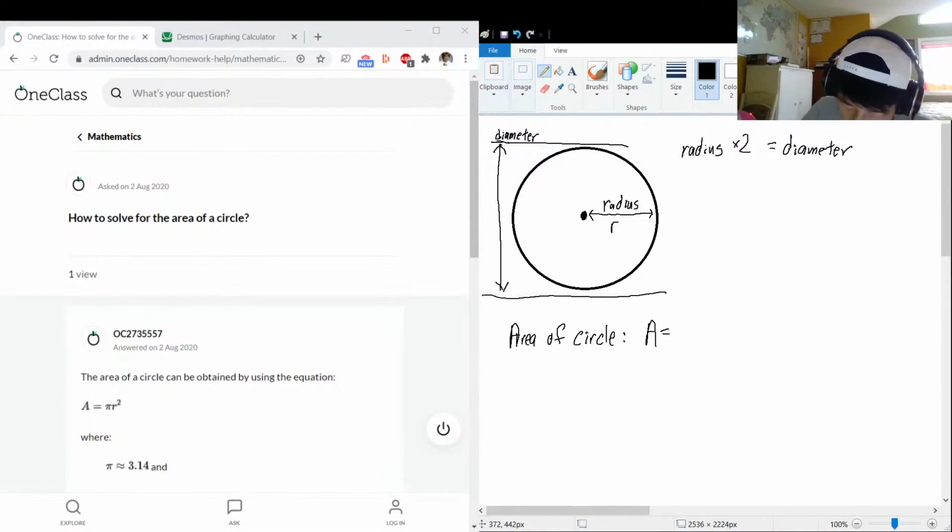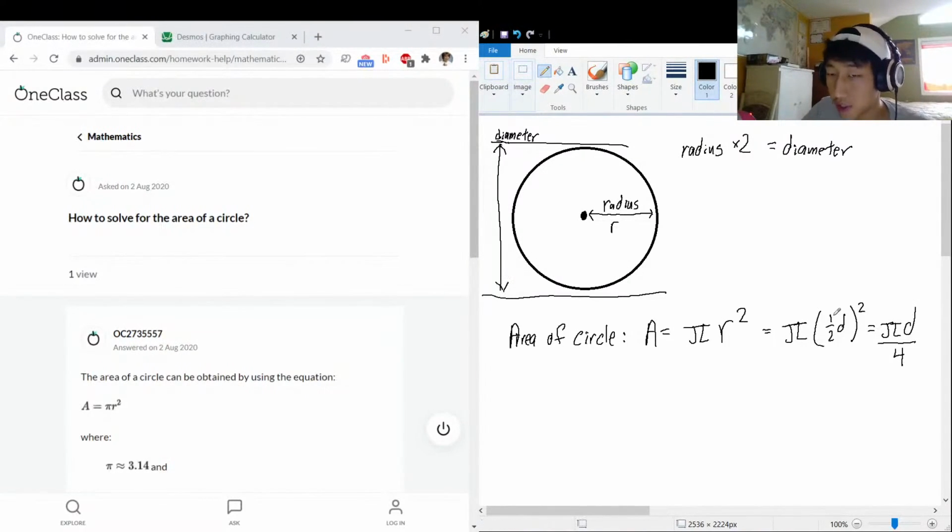The area of a circle is pi times the radius squared, which is also pi times 1/2 the diameter squared, which is equal to pi times diameter squared over 4.